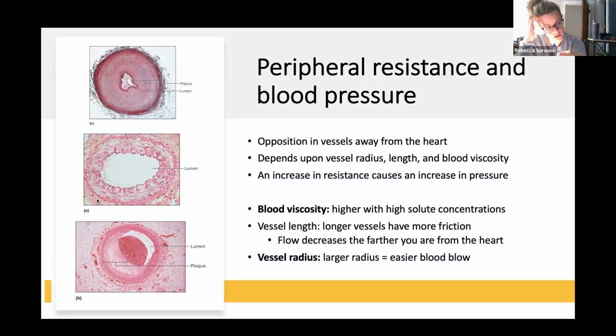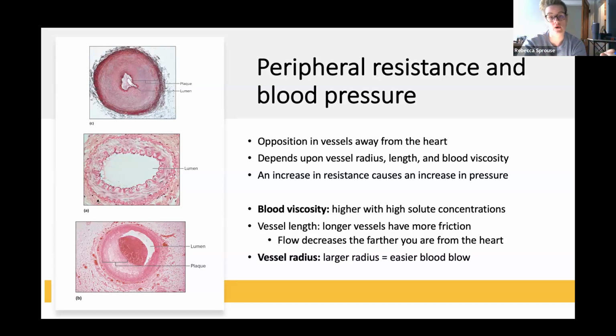So radius is one thing, length is another. The longer the vessel, the more resistance you'll have eventually. And then blood viscosity, how thick that blood is, how sticky it is. I gave this example when we talked about glucose and diabetics. People who are diabetic have a much higher viscosity. Their blood is thicker. Think about maple syrup running through your veins and water running through your veins, right?